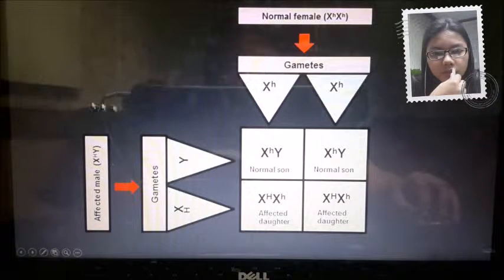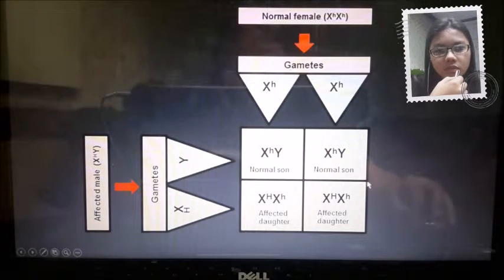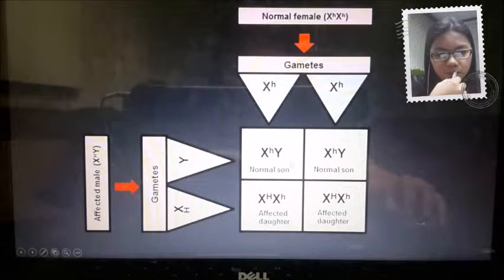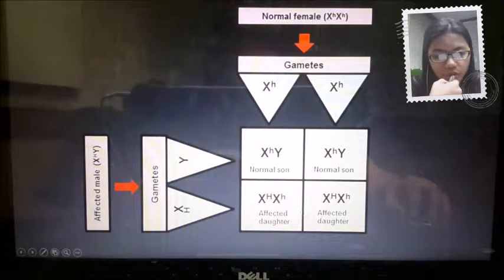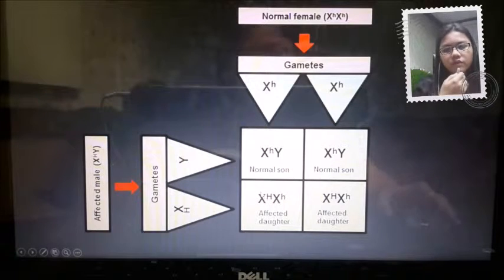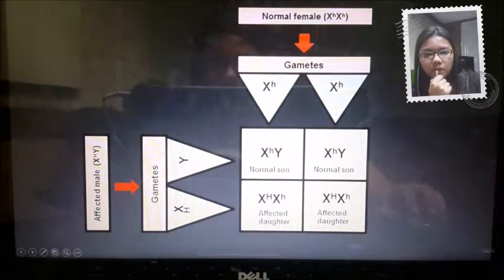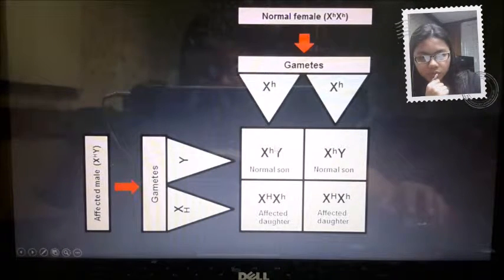His son will be normal, and the daughter will be affected because the trait is dominant. The affected trait is from the male, whereas the normal traits are from the mother.